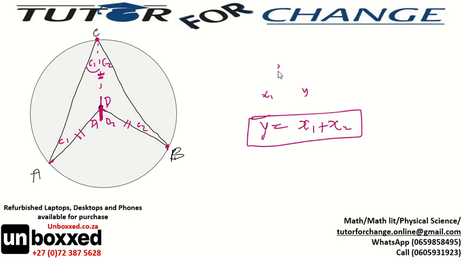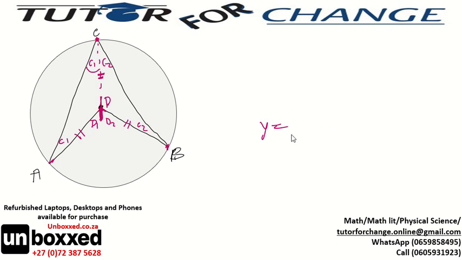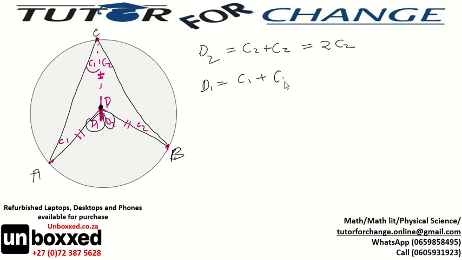If we apply this theorem, that the external angle of a triangle is the sum of the opposite angles, we are going to have that this D2 is equal to C2 plus C2, which is 2C2. And we can have that D1 is equal to C1 plus C1, which is 2C1.